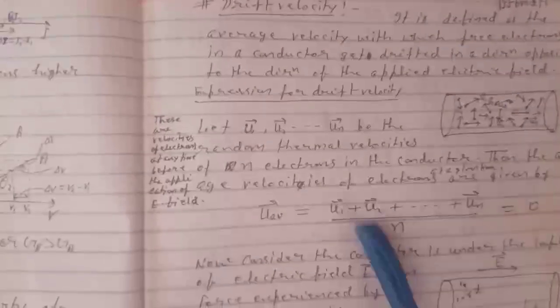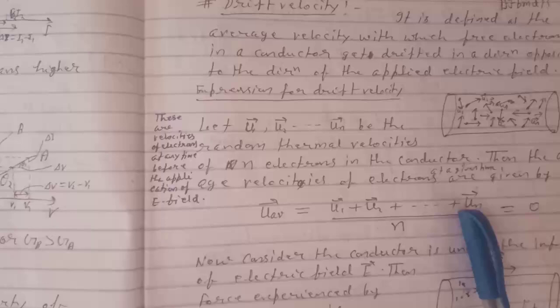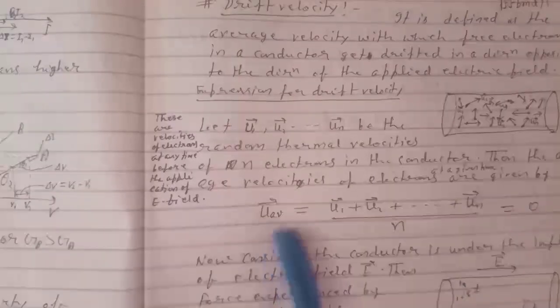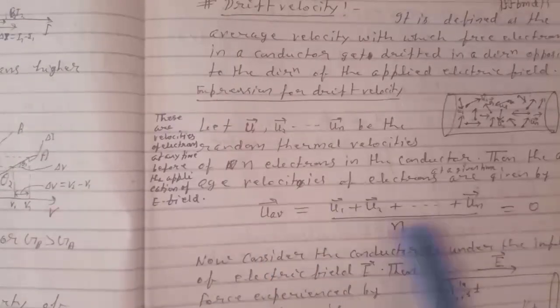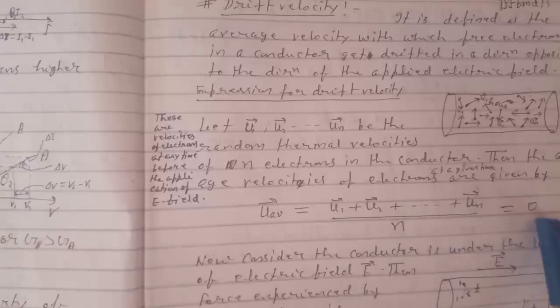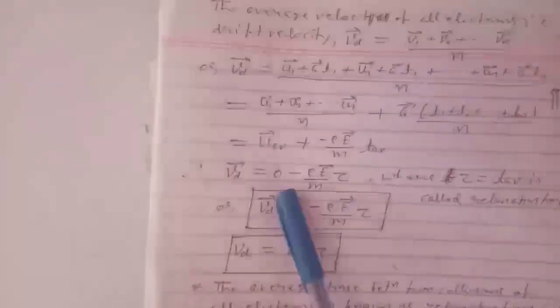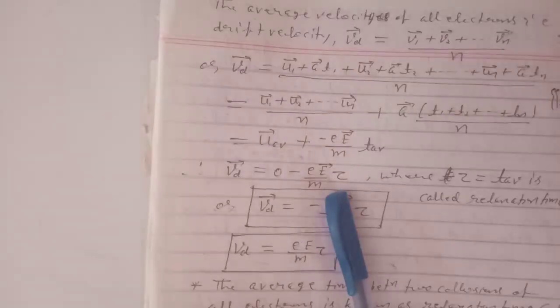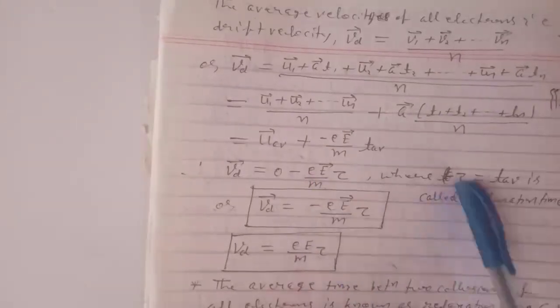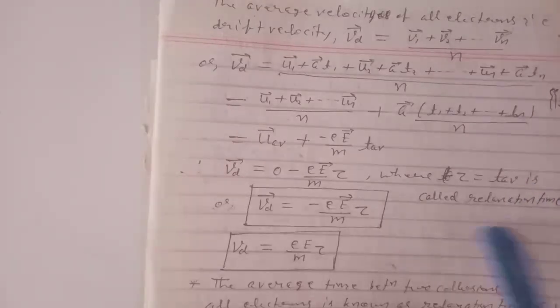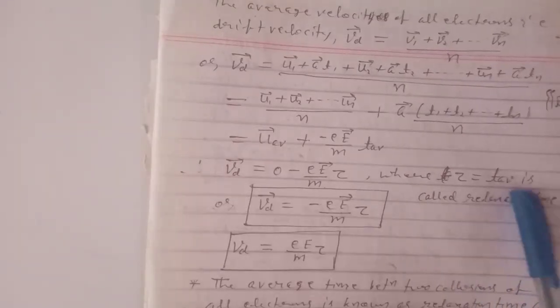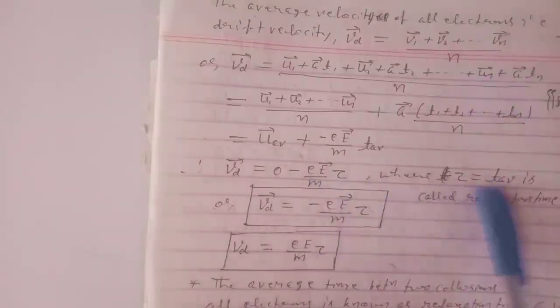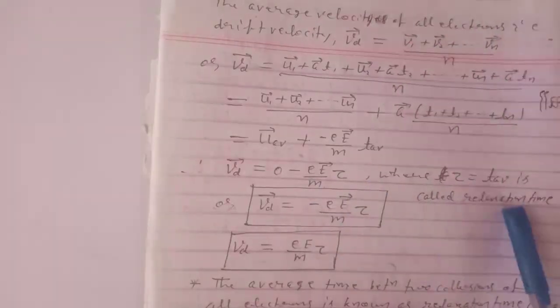This is the value before the electric field is applied on the conductor; because the electrons are moving randomly, it has become 0. So using this value we have Vd equals 0 minus eE by m into tau, where tau is t average, called the relaxation time.